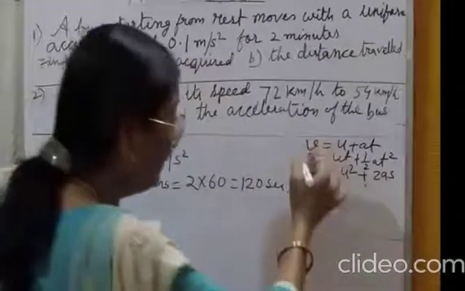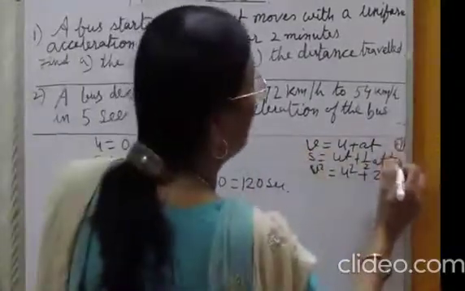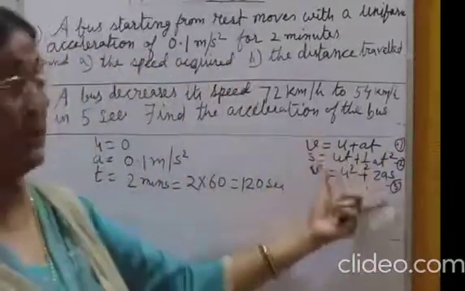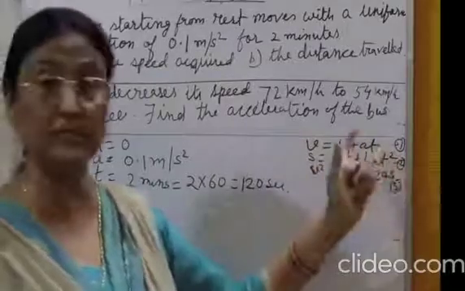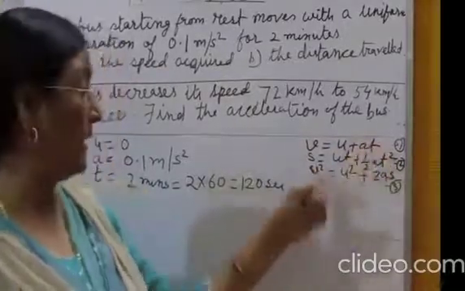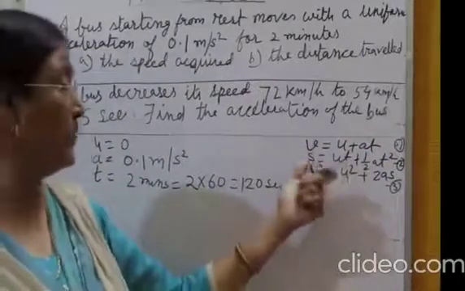So out of these three equations, 1, 2 and 3, which is the suitable equation for you? That is number 1. We don't take this 2. Why don't you take it? Because I don't know s.